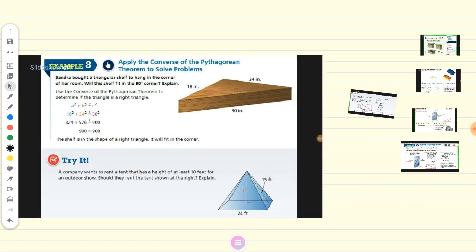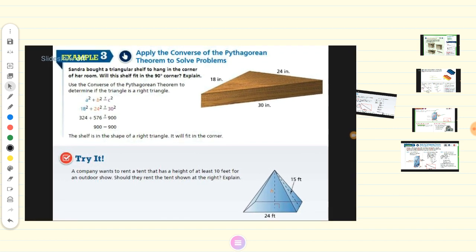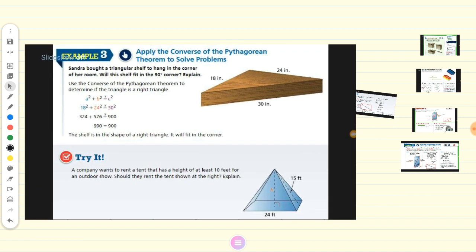Also, as an application of the Pythagorean theorem in real life, we can take this example. We will use the converse of the Pythagorean theorem. Sandra bought a triangular shelf to hang in the corner of her room.